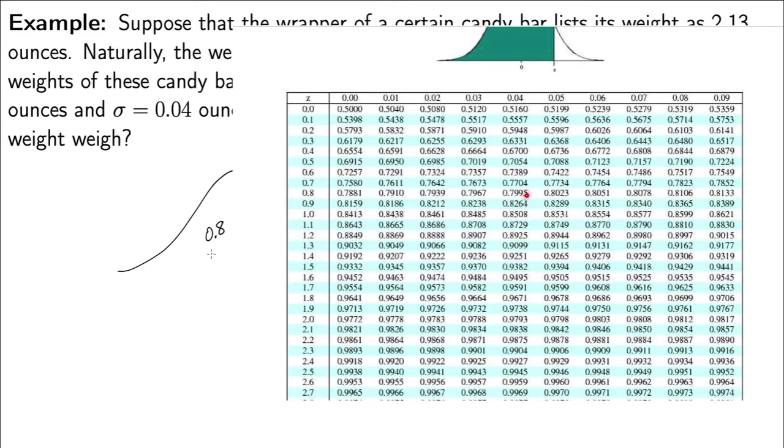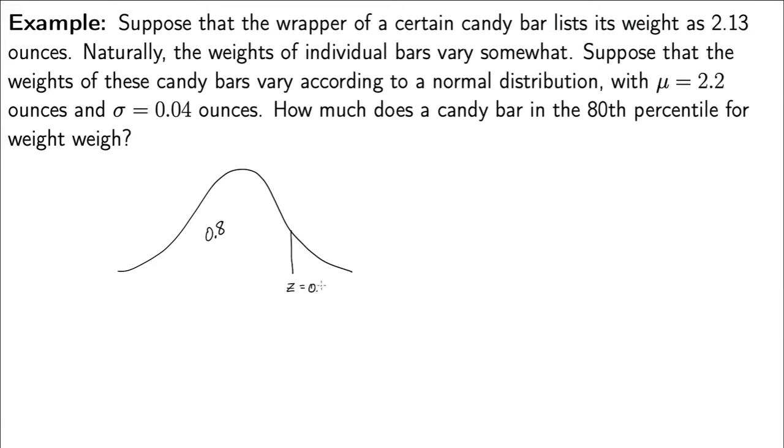Now it's a lot closer to this one, so I'm going to use 0.84. And that's my z-score, 0.84. Now I can go backwards and find my x value. So I know that z is equal to x minus mu over sigma, and I know everything except for x.